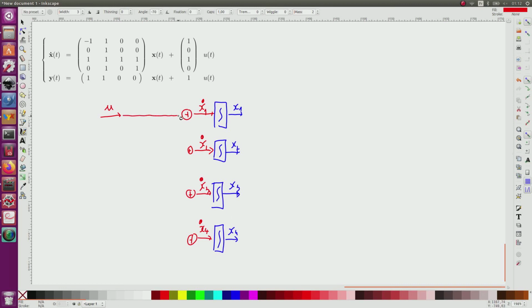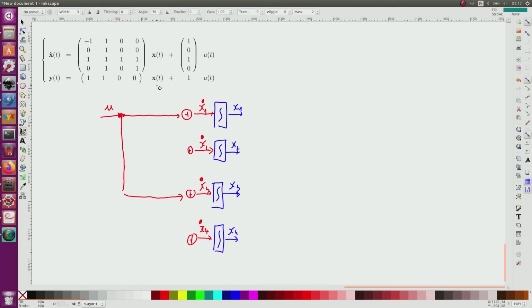From U I can reach x1 and I can reach x3. Okay.